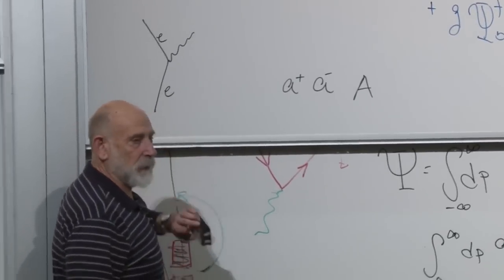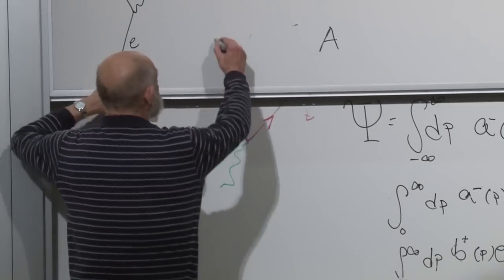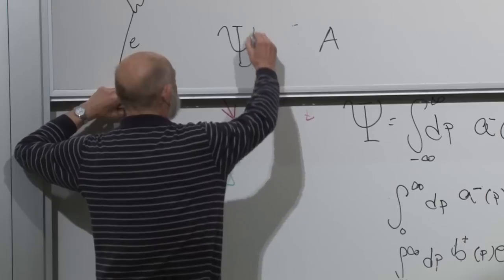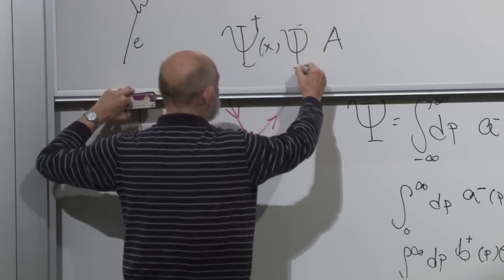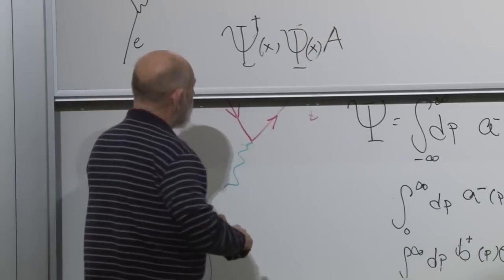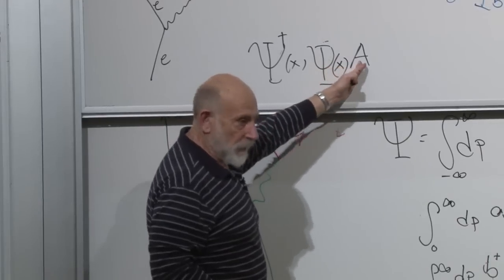You might suspect that where this comes from, and you'd be right, is a term in the Hamiltonian which would be psi dagger of x times psi of x times A. An annihilation operator, a creation operator, and a photon operator.